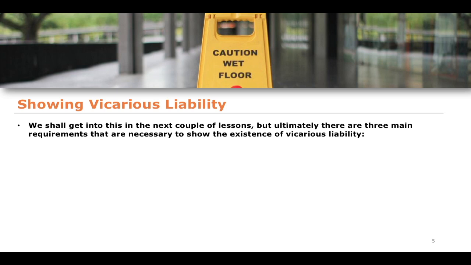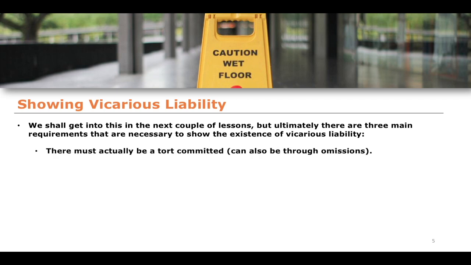Essentially, there are three main requirements that are necessary to show the existence of vicarious liability, or for a claim in vicarious liability to have the potential to be successful. There must first actually be a tort committed, or it can be done through an omission.